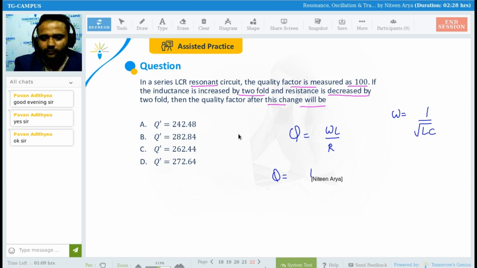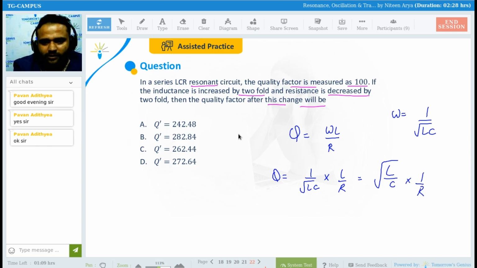So Q is 1 by under root LC into L upon R, which is going to be under root L by C into 1 by R. L is increased 2 times and R is decreased 2 times, so that is the correct answer.